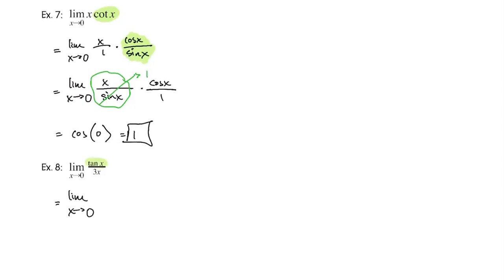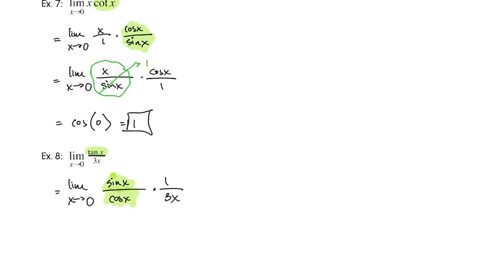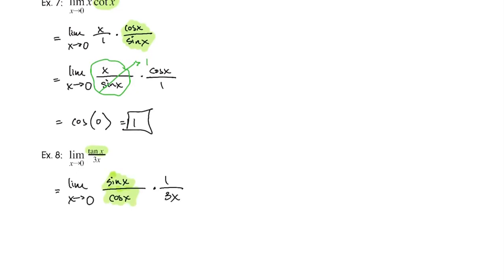Let's think about this tangent as things that we know. And those things that we know tend to be sine and cosine, okay? So I could write this as sine x over cosine x. That's that whole green part. And then I have that 3x on the bottom, right?